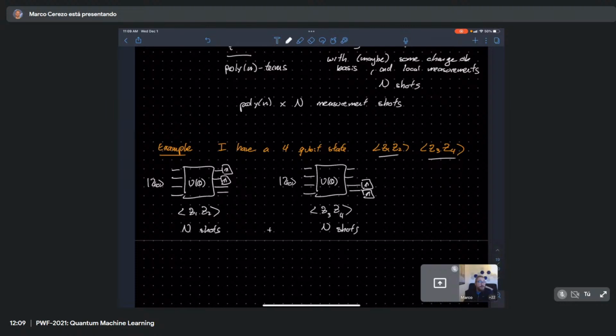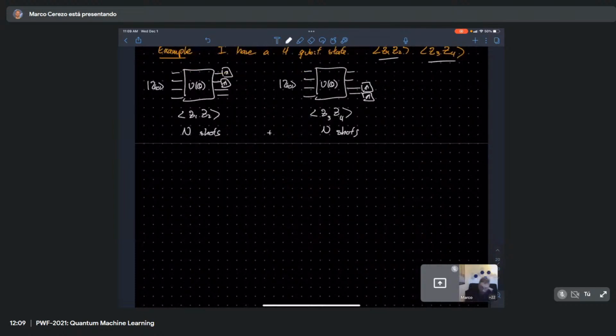Right, so Jorge Avalos says that we can maybe do 4 measurements instead of just 2. So how would we go about doing this? And that is correct. There is a way in which we can estimate all of those 4 by measuring all 4 qubits.